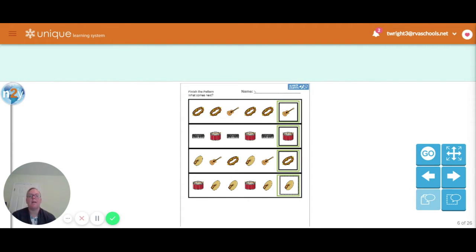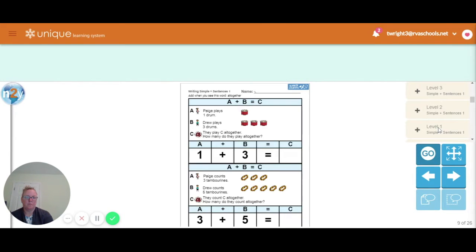Now we're going to use our patterns to add things together. A plus B equals C. Paige plays one drum.